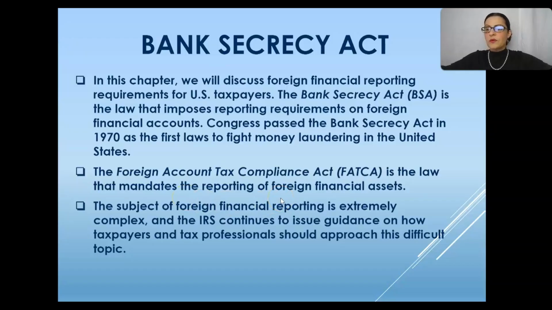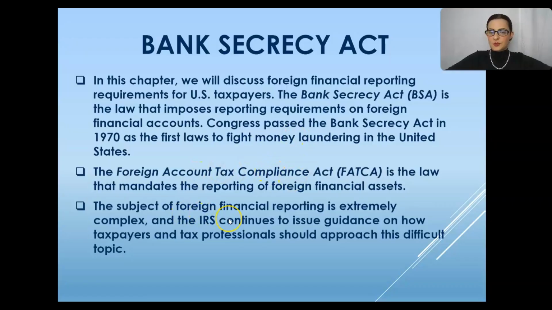So if you own foreign financial assets, regardless of whether you live in the United States or outside the United States, this is the law that mandates that type of reporting. The Bank Secrecy Act is an earlier law. The Bank Secrecy Act was passed in 1970, and then FATCA was passed in 2010.